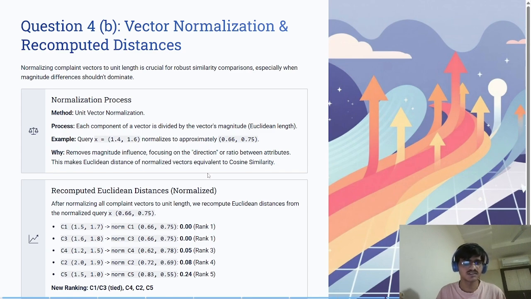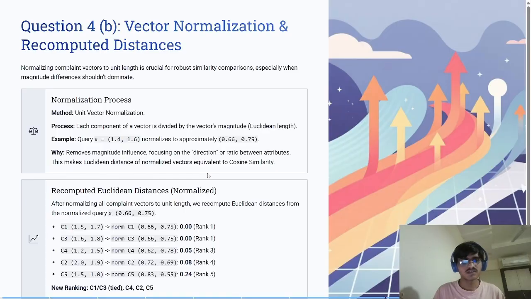The process is that each component of a vector is divided by the vector's magnitude. The example as given normalizes to approximately (0.66, 0.75). Why? Because it removes magnitude influence, focusing on the direction or ratio between attributes. This makes Euclidean distance of normalized vectors equivalent to cosine similarity.